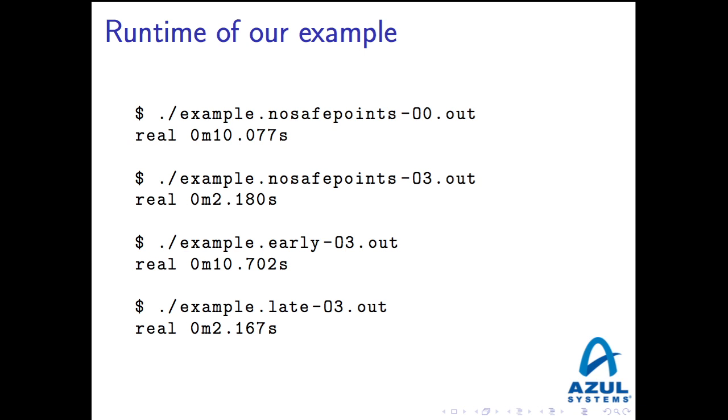Then if you take that same example, add Safepoints using the early scheme, so before optimization, and then run it through O3, we're still at that 10 seconds. We've gotten no optimization benefit by running this through the optimizer. I just want to note, there's no difference between the 10-second numbers. That's just noise. And then the final number on here is doing late insertion, and it shows that we are able to take this example, fully optimize it, and get the properties we need for the garbage collector with the Safepoint poll on the back edge.